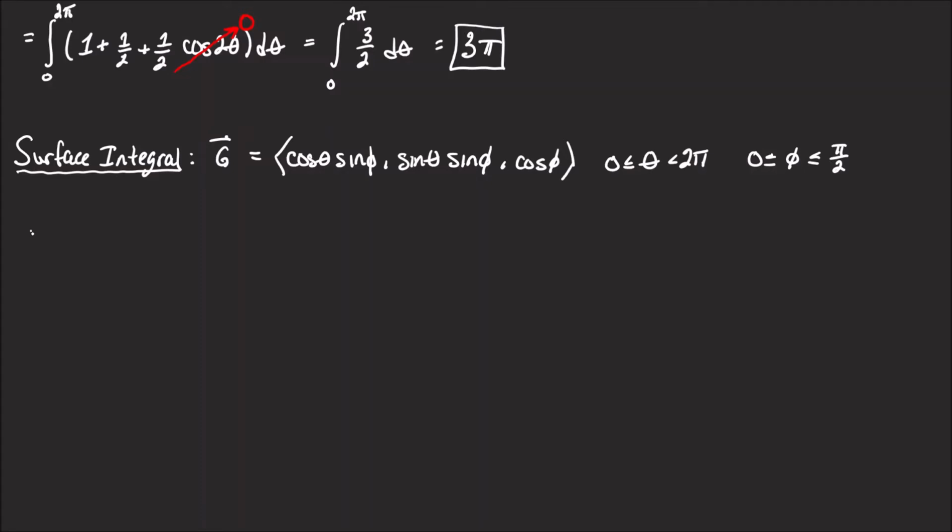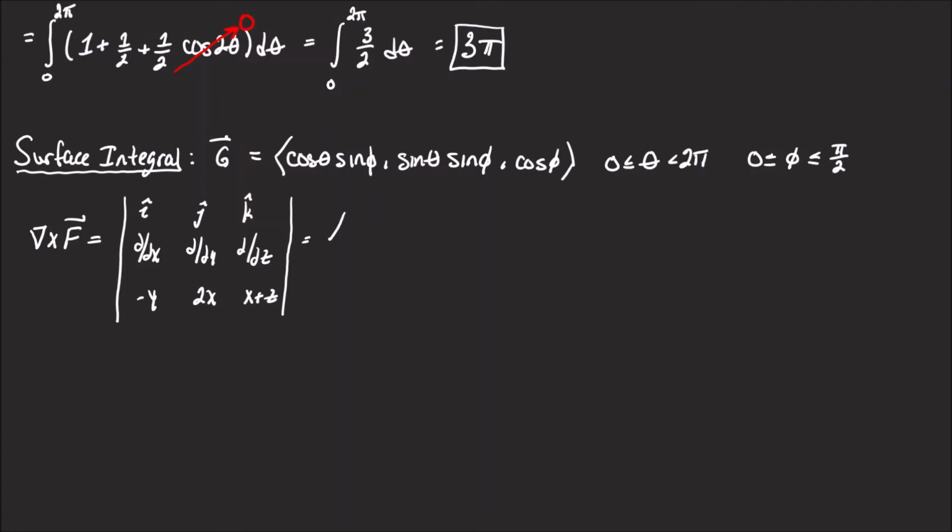Now we need the curl of F. Now we do this curl out. Partial y of this is 0, partial z of that is 0, 0 minus 0.